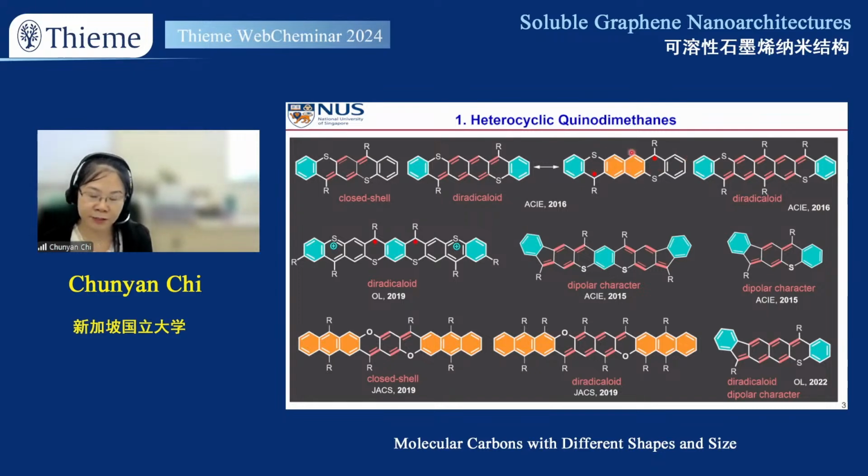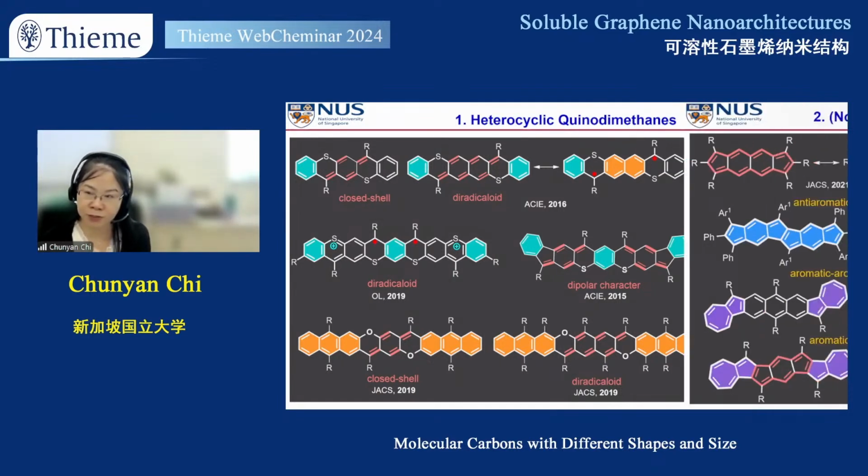And when these molecules include 5-membered rings like this one and this one, they also have a dipolar character. And if the central quinodal unit is long, then this molecule has both diradical character and dipolar character. So here I just use one slide to summarize this work.